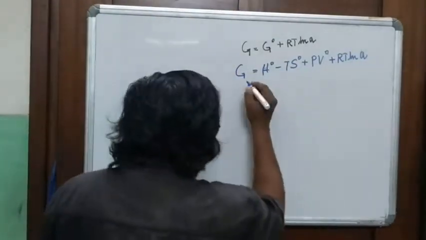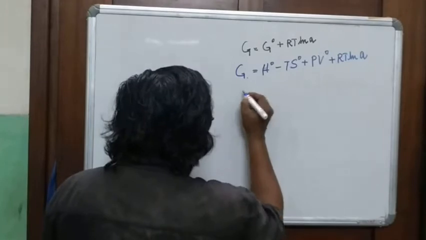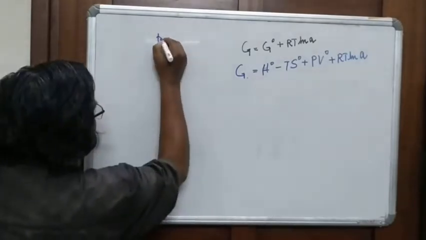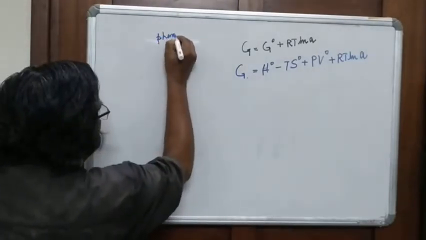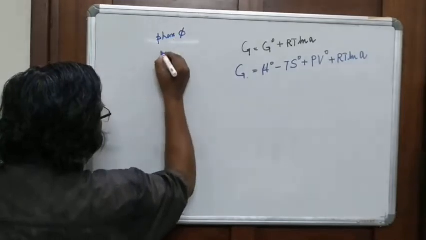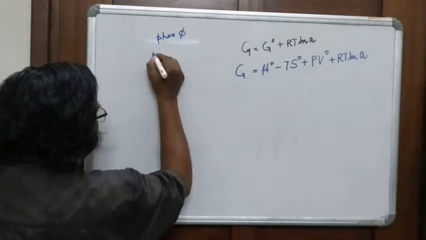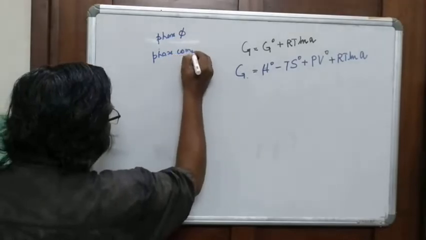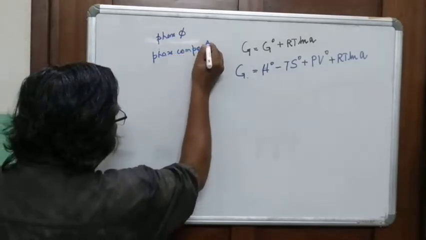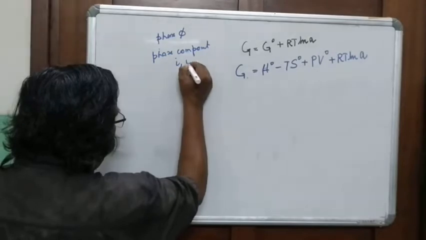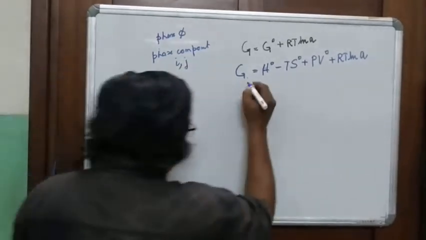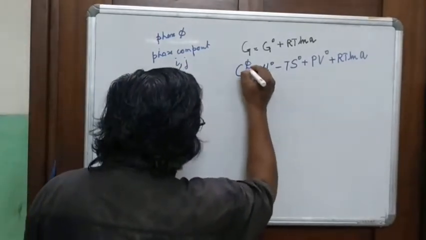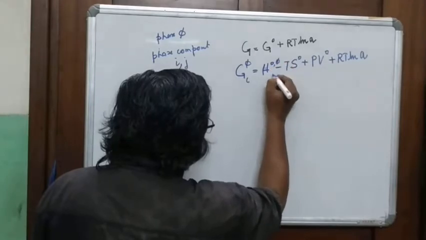And we have talked about, say for example, you have a phase phi which has two phase components, say I and J. Then the way to express it is the following.